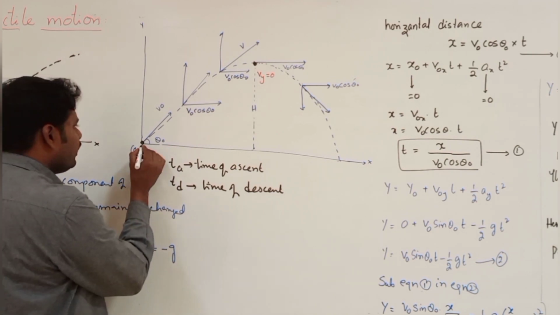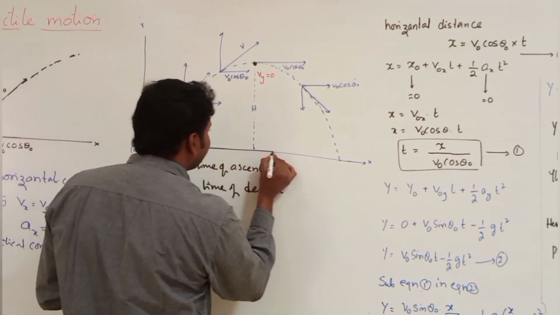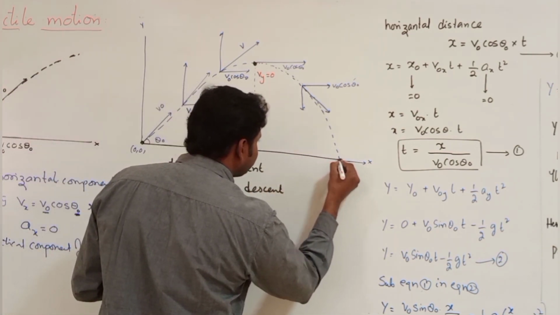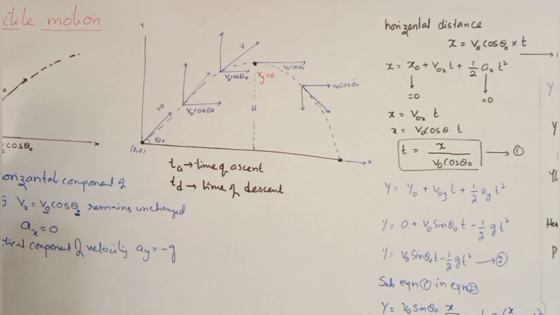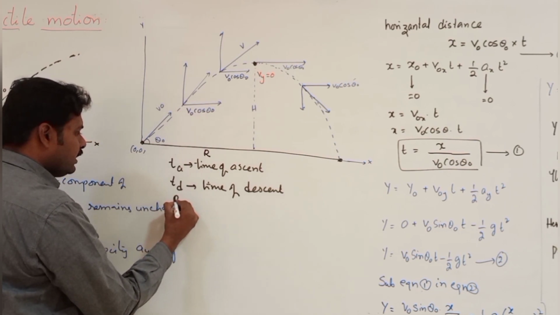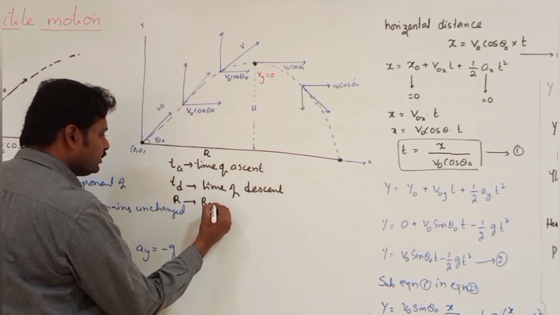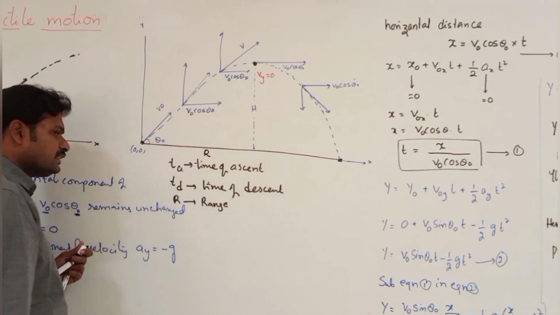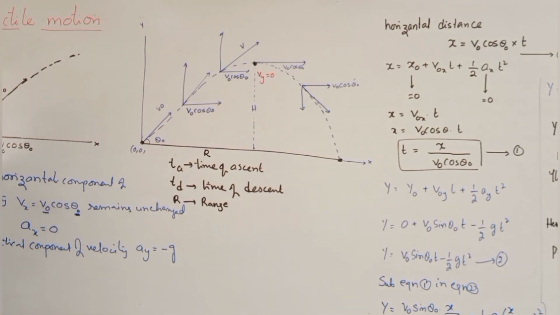What is the horizontal distance that has been covered from the point of projection to the point of landing, which is called R? This is called range. The total horizontal distance covered from the point of projection to the point of landing.